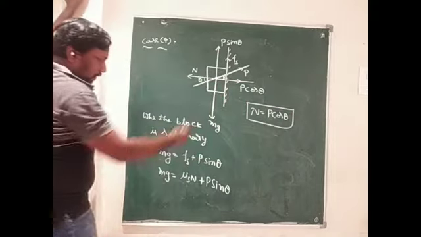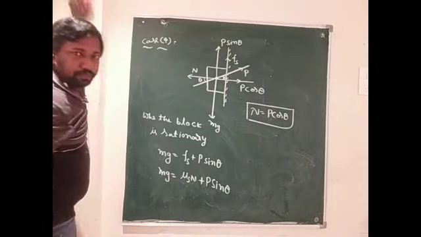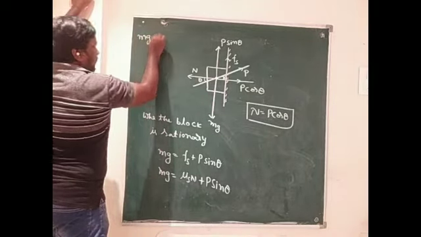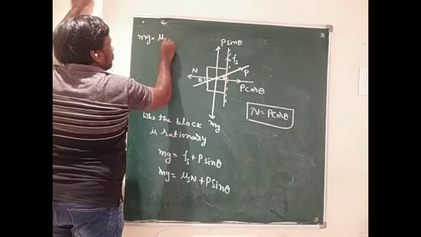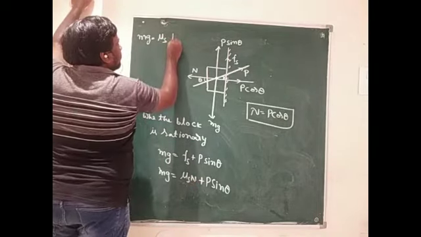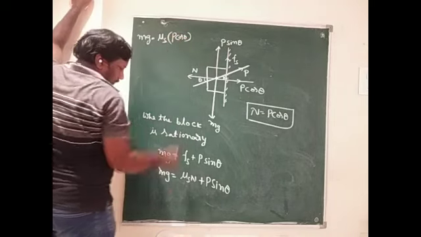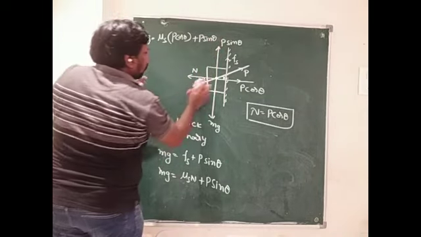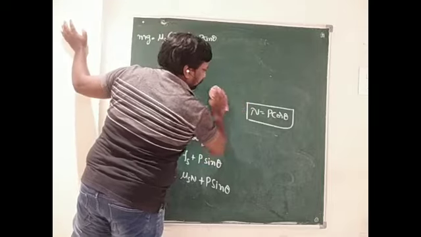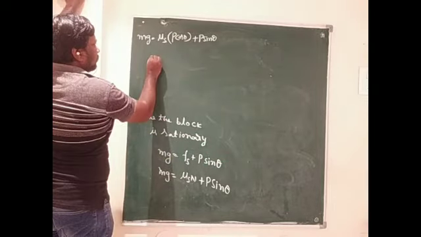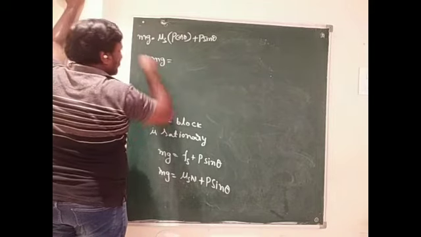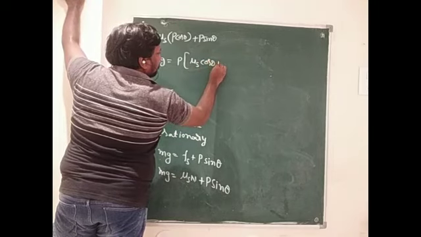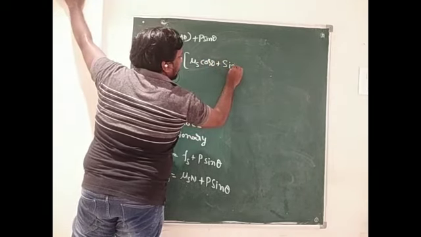So now this value is substituted in the equation this way. So here mg is equal to mu s into N, N means P cos theta, plus P sin theta. So therefore mg equal to P common, mu s cos theta plus sin theta.